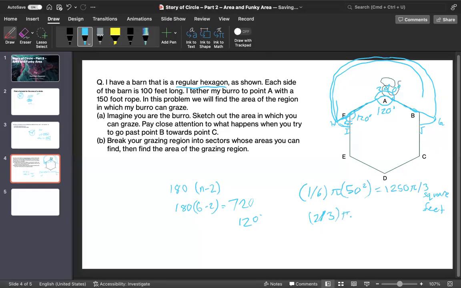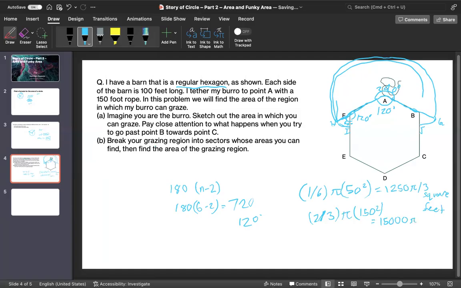So 2/3 pi times 150 squared, which is equal to 15,000 pi.